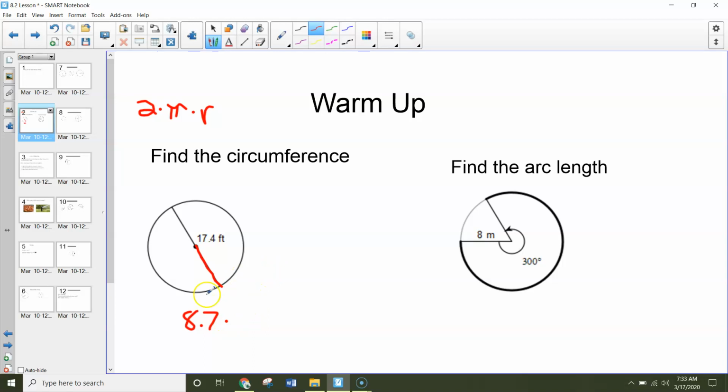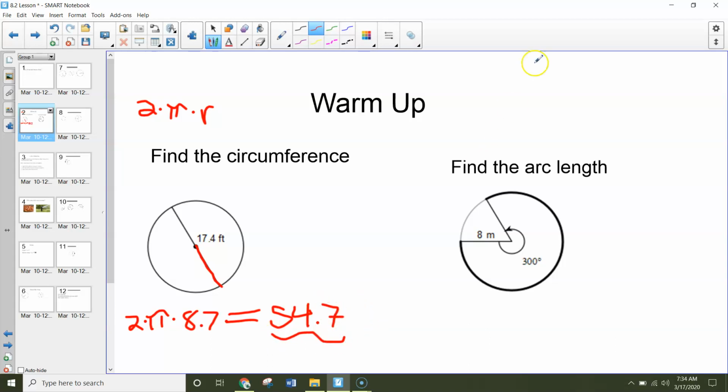So when I do 2 times pi times 8.7, I get 54.6 or 54.7.